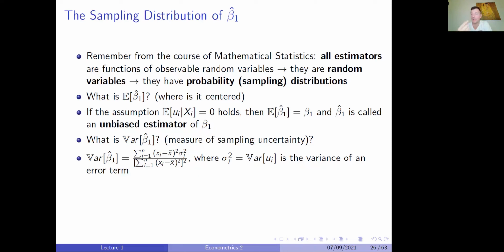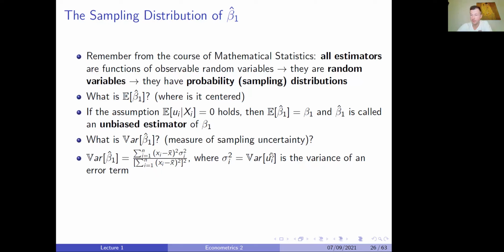You want to collect a random sample such that the x's, the independent variables, have a very wide range, so their observed values change from very small to very, very large numbers.